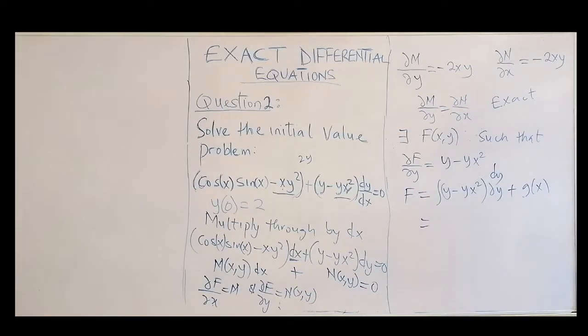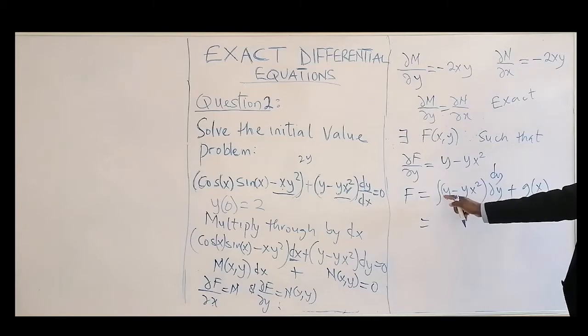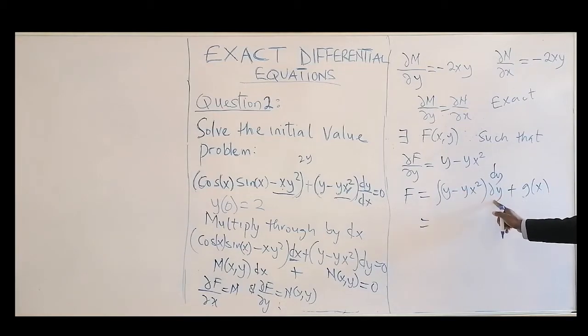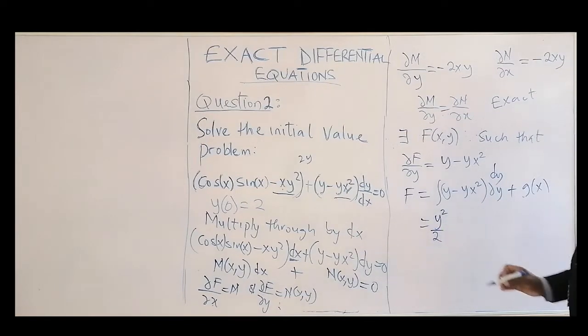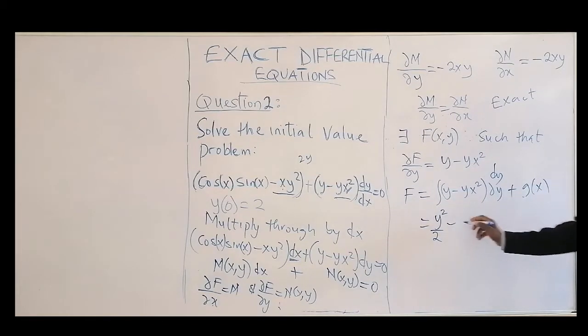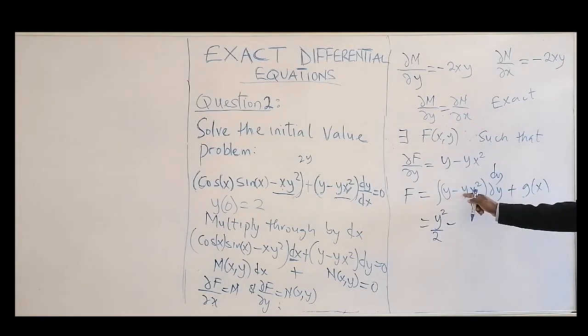And that will be equal to, let's look at what we have here. This is y, delta y. That means we have y squared over 2 for the first one. For the second one, minus, you have y here, so you take your x squared as a constant and you integrate this one partially.